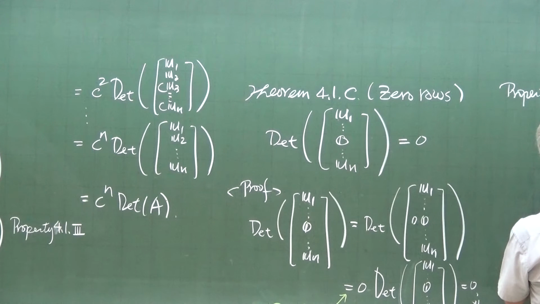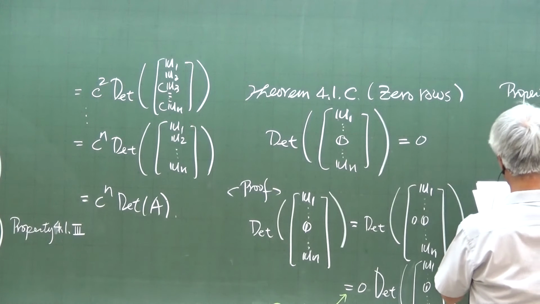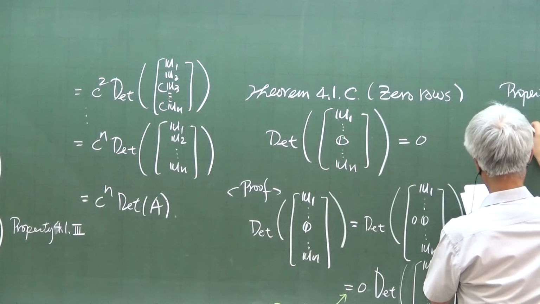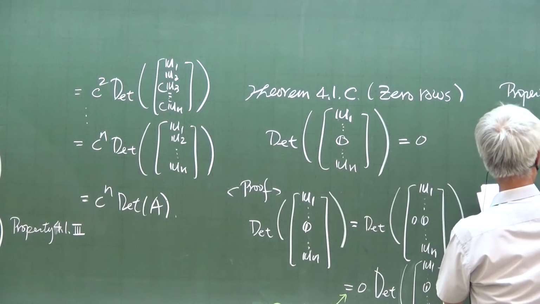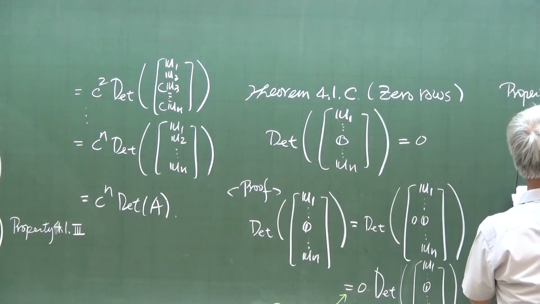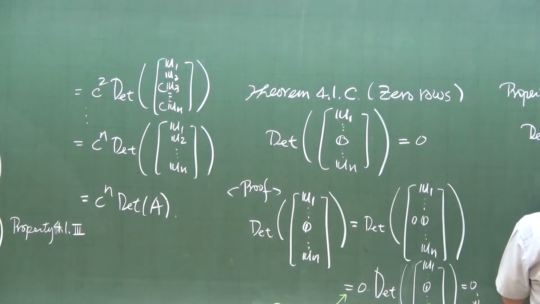Triangular matrices. The determinant of an upper triangular matrix, with everything but the lower parts being zeros.